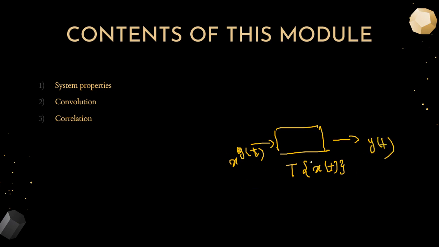So how this signal is modified and we get a different output signal is based on how we design the system. So the three main topics in this module are system properties, convolution, and correlation. So with that said, let's start the first topic for today, that is system properties.